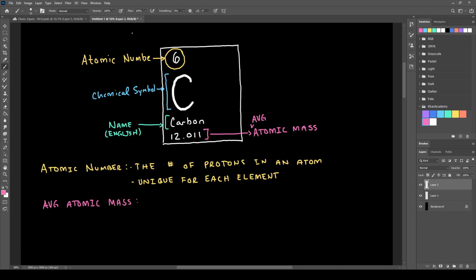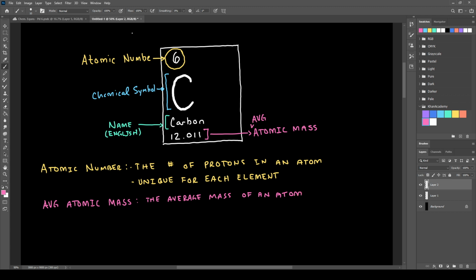The average atomic mass is the mass, or the average mass, of an atom, roughly speaking.